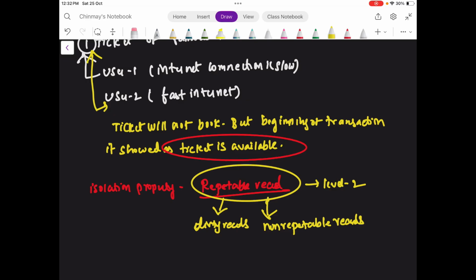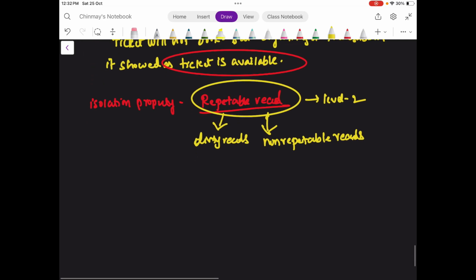Both issues are solved. Okay, this is one level, using repeatable read. Another solution is we can solve it at the code level also.